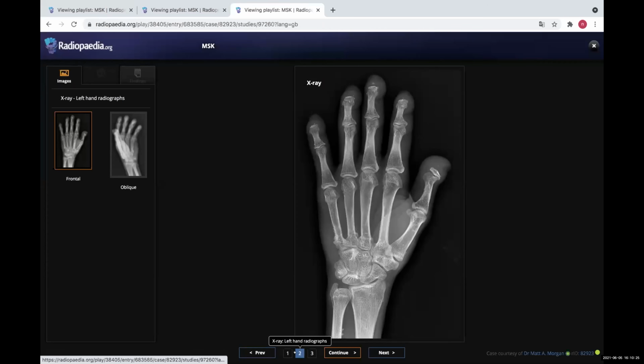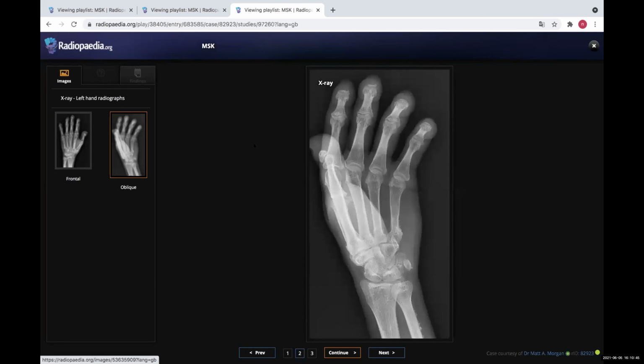And here, in addition to that, in the fourth metacarpal, I can see some periosteal reaction along the base of the fifth metacarpal. So I would like to obtain any history of trauma. Okay, that's good.